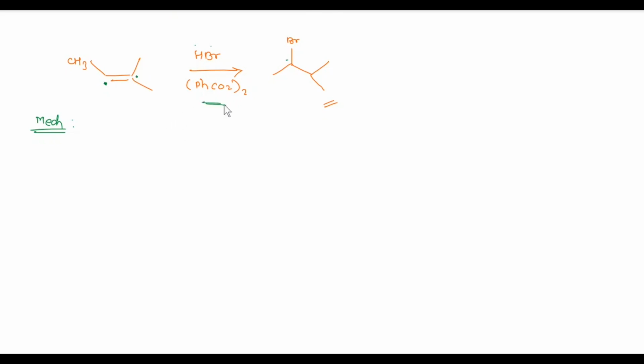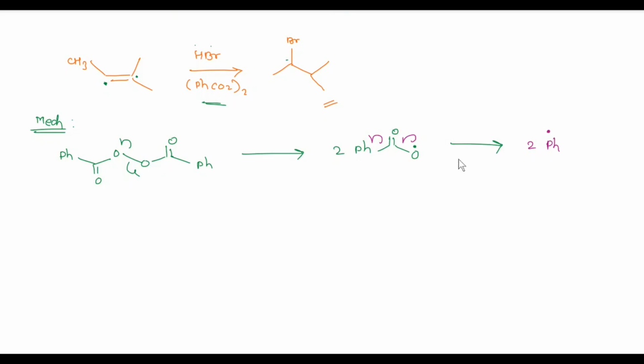So in the first step, the benzoyl peroxide homolytically cleaves this bond and forms two carboxylic radicals. In the next step, decarboxylation takes place and a phenyl radical is formed with loss of CO2.